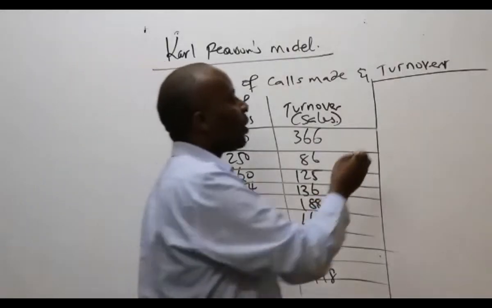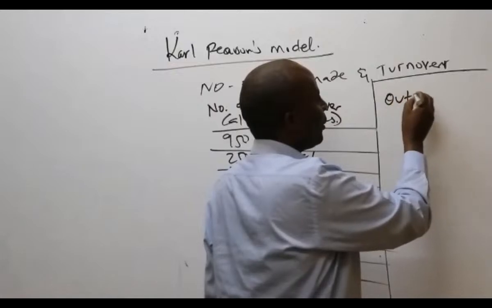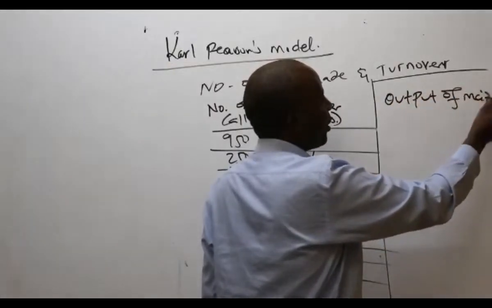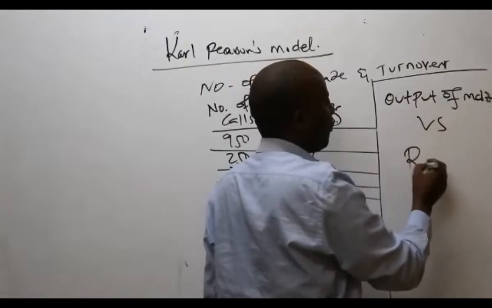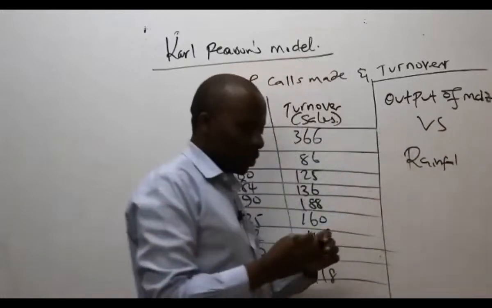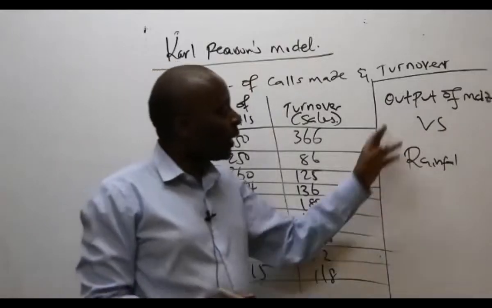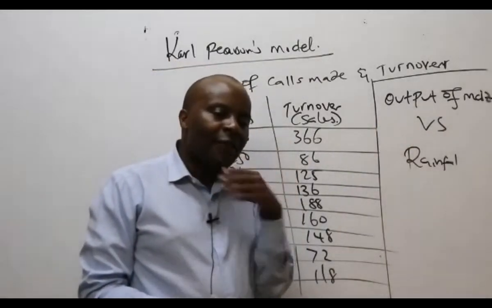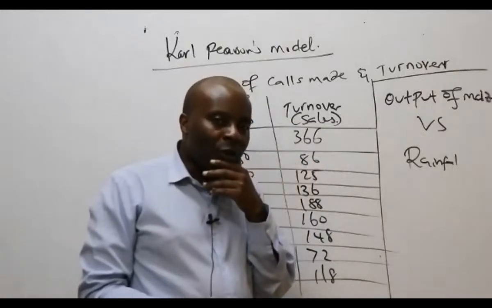If, for example, you look at output of, let me just use any crop, output of maize, versus rainfall amounts. If you're given two variables of this nature, ladies and gentlemen, here I'm able to see very fast that rainfall amount depends on maize.